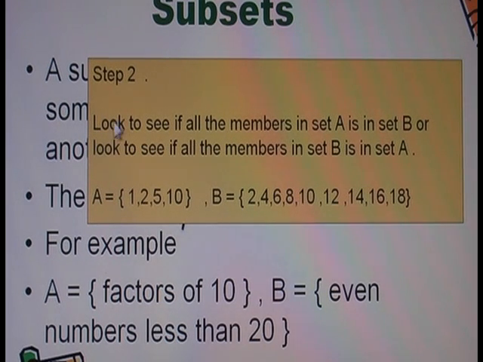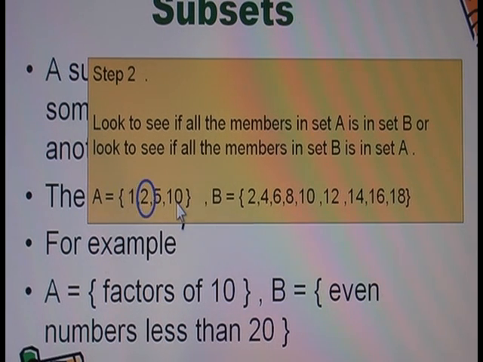Step 2. The second thing you're going to do is look to see if all the members in set A are in set B, or look to see if all the members in set B are in set A. So A is equal to 1, 2, 5, and 10.